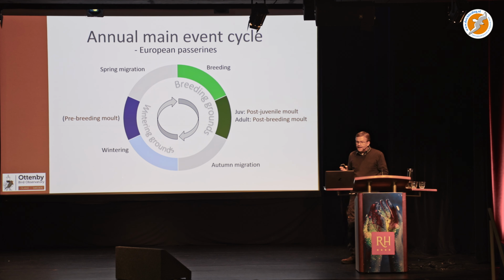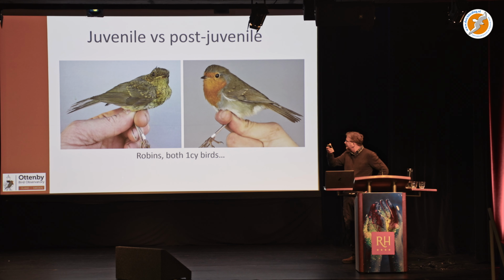And this is the reason why we don't see juvenile robins during the autumn migration, because the juvenile robin has already conducted its molt close to the breeding ground. We see them maybe in gardens, where robins breed. After that molt, they look like this, and then they initiate autumn migration. And again, this goes for more or less all European passerines.